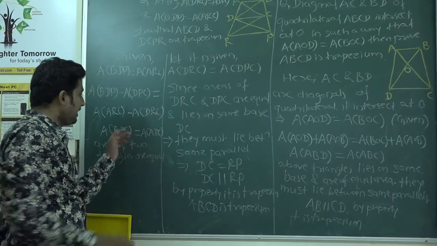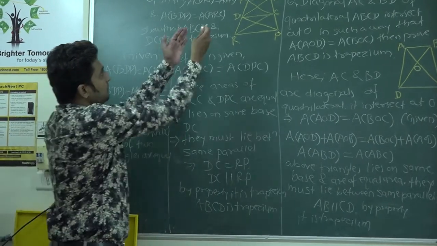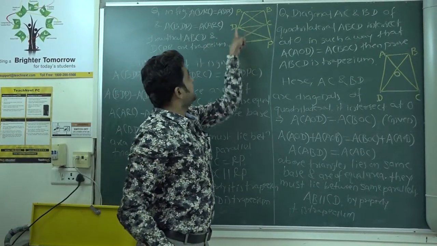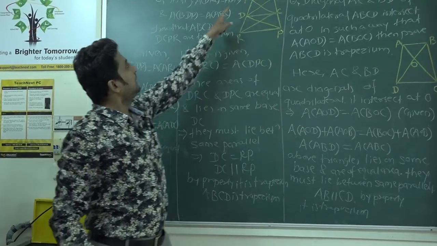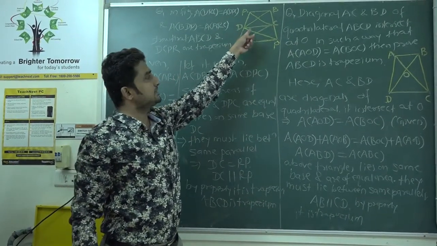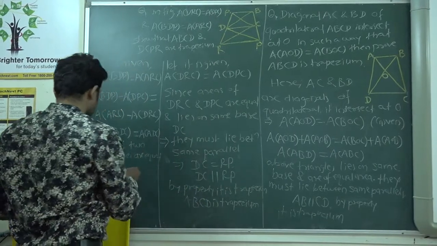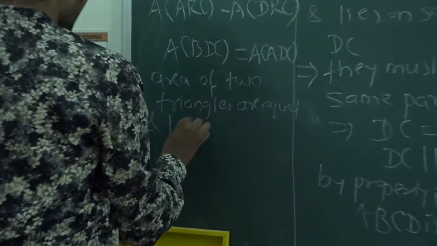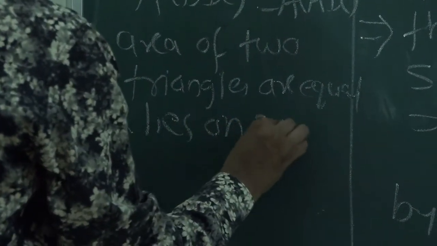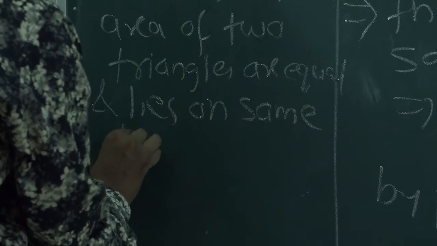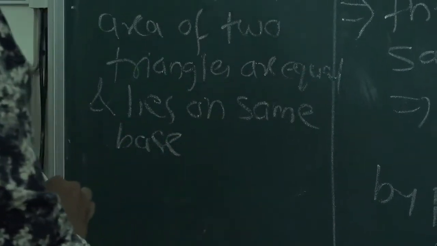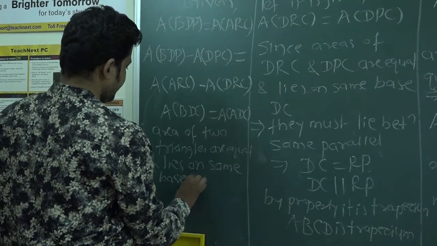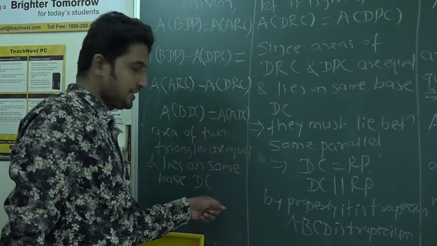If areas are equal, now tell me, what is the common base, dear students, here? BDC and ADC. Now tell me, what is the common base? Correct. DC is the common base, and they lie on the same base DC.